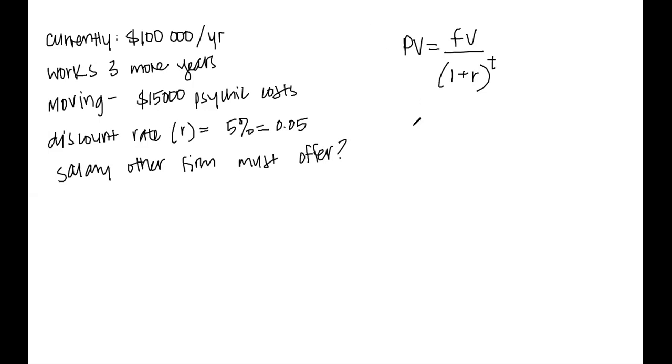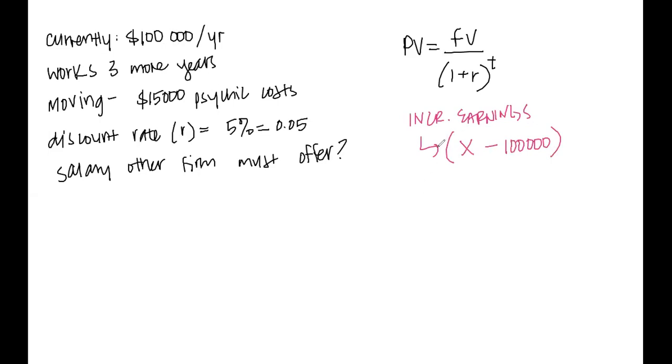So if you remember, incremental earnings is just the difference of earnings between two places. So in this case, we don't have that difference, but we have what he's currently earning, then we're trying to find the salary of the other firm. So in this case, our incremental earnings is just going to be X minus 100,000. And that's because X would be the salary the other firm is offering, and then 100,000 is what he's currently working at.